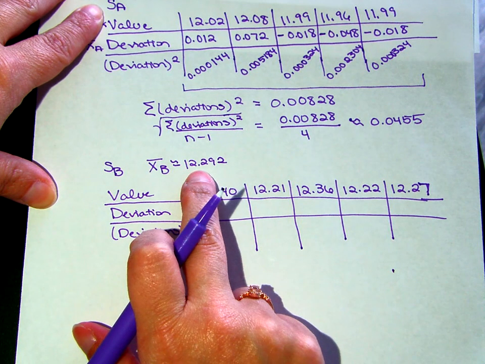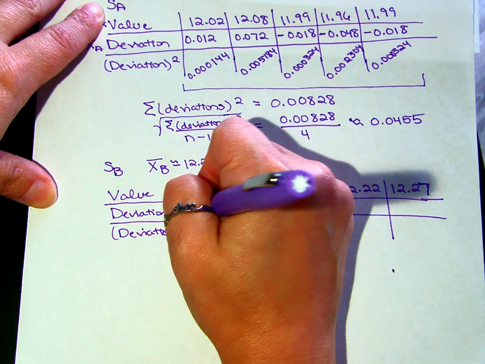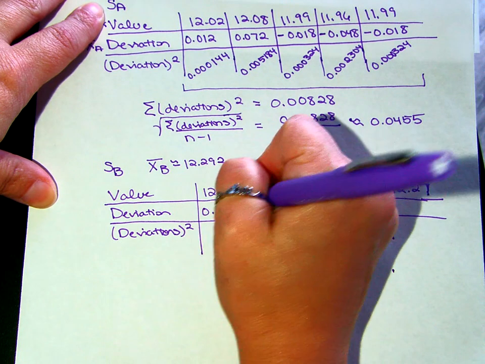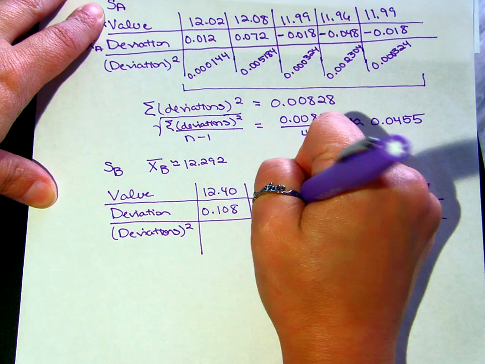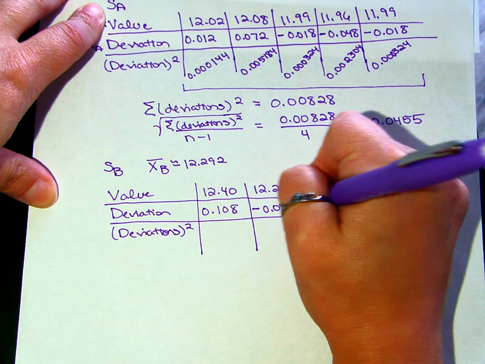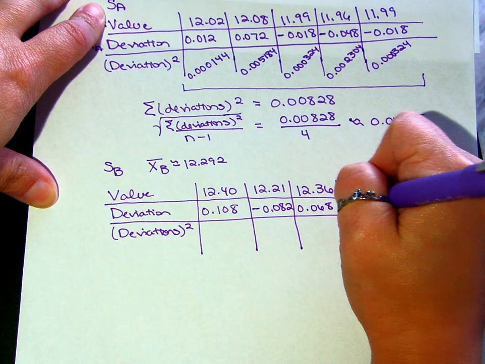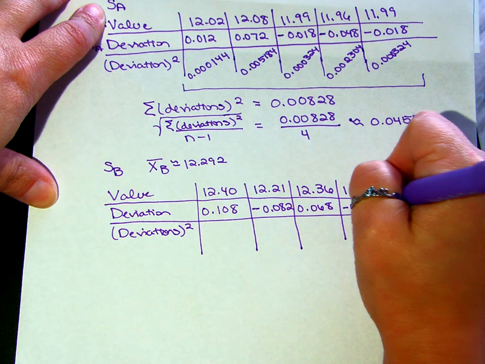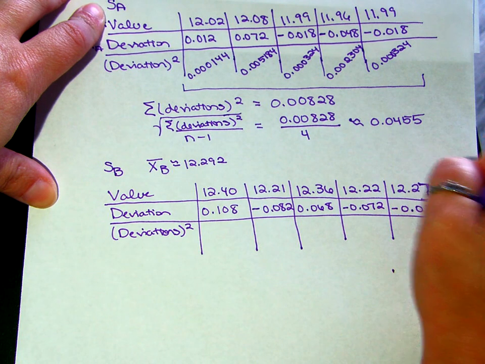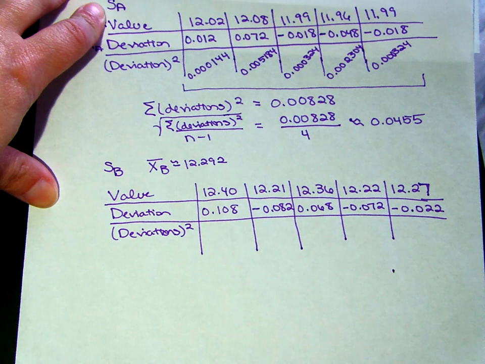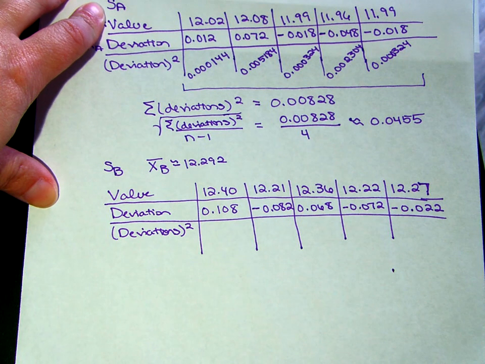So 0.108, negative 0.082, 0.068, negative 0.072, negative 0.022. Then we're going to square all those bad boys to get our nice, really long decimals.